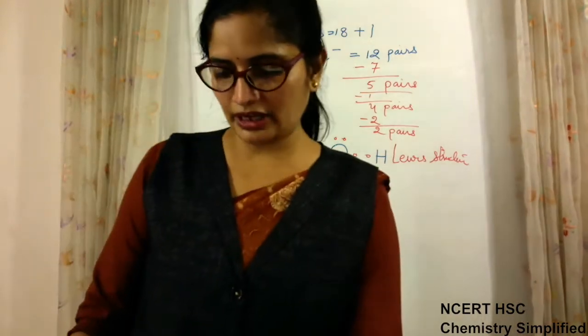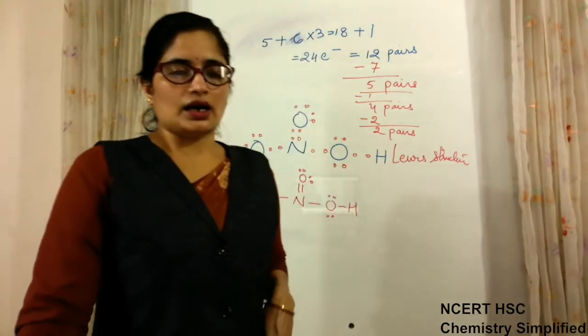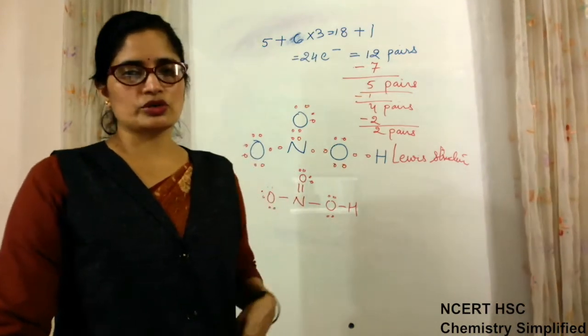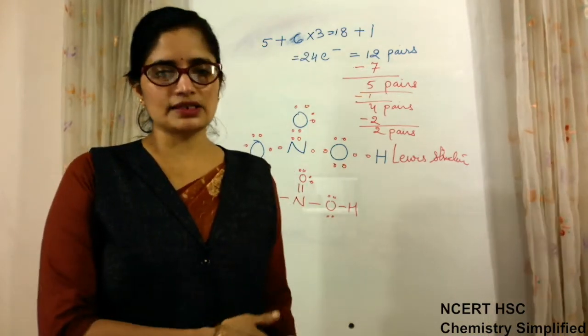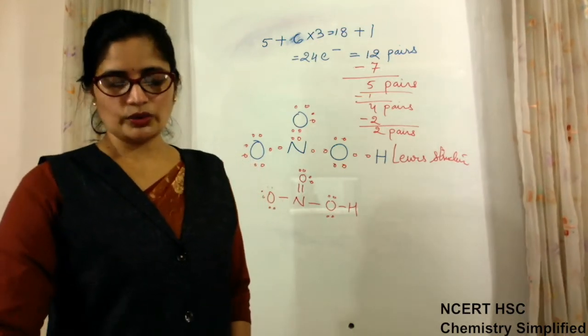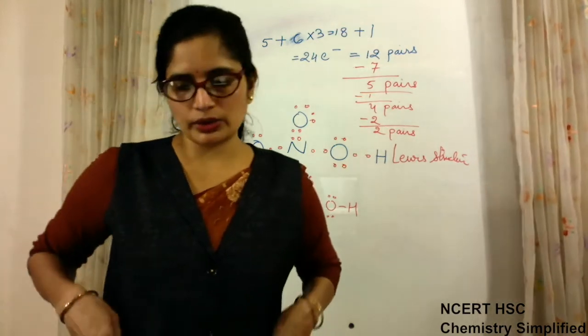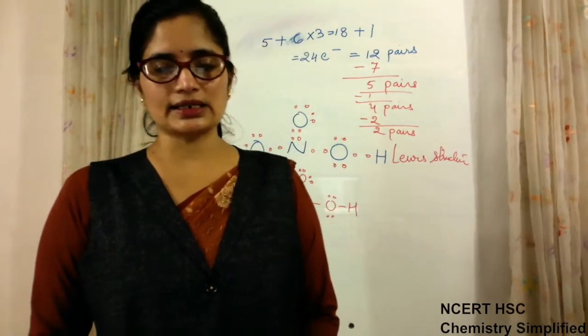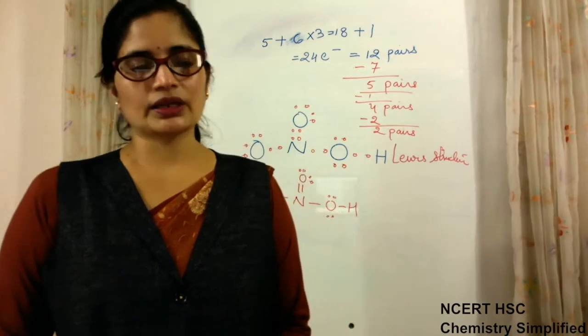Similarly, you can make it for other molecules also, and this can be asked for other molecules also. It is not so that only the ones we have discussed can be asked. Okay, so you have to practice them. Sulfate you will practice, SO4 2 negative, how to make it.